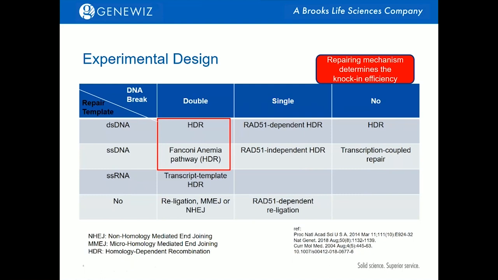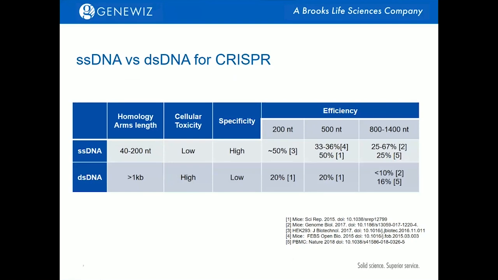In the next few slides, we will focus on comparing double-strand DNA versus single-strand DNA in the presence of a double-strand break. In the context of a double-strand break generated by CRISPR followed by a repair template, which can be either single-strand DNA or double-strand DNA, single-strand DNA outperforms double-strand DNA in several scenarios, including human peripheral blood cells or mice.